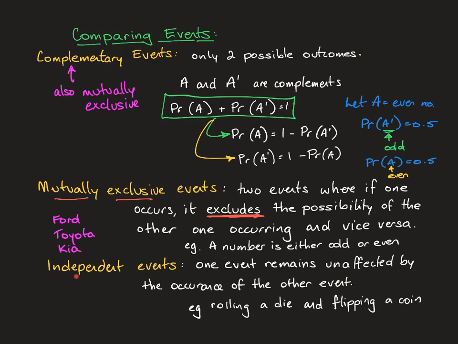And so with independent events, normally we show them using a tree diagram, and we use multiplication: the probability of A happening and then B, if they are independent events, is equal to the probability of A multiplied by the probability of B.